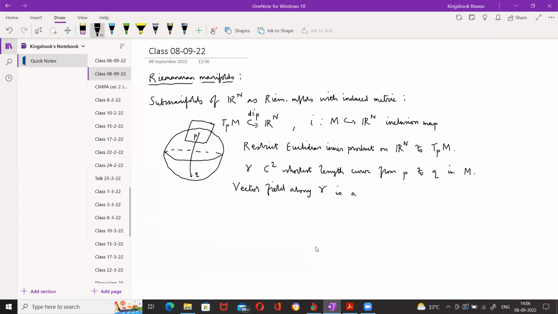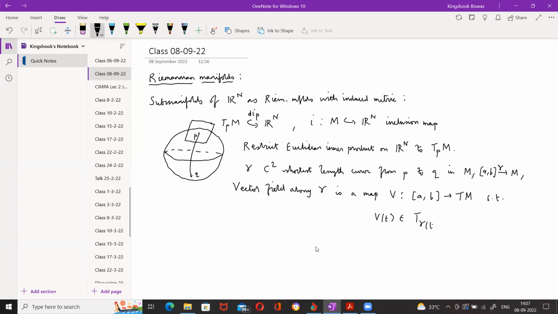This is a map. So suppose gamma goes from an interval AB into M, then a vector field along gamma is a map defined on the same interval AB, mapping into the tangent bundle of M, TM, such that for each t, the tangent vector Vt is a tangent vector based at the point gamma t.